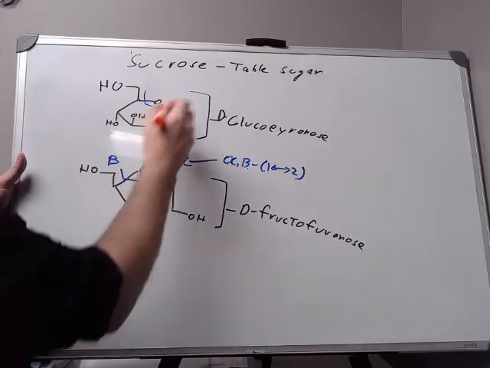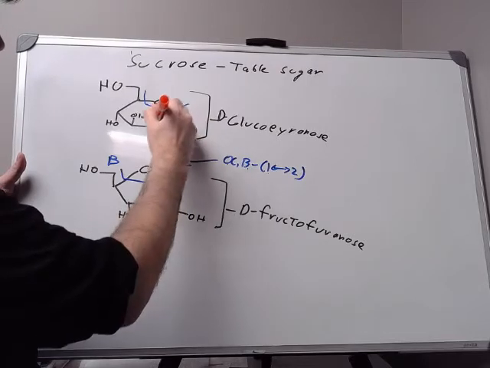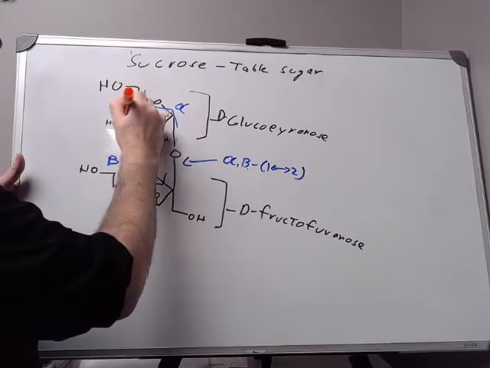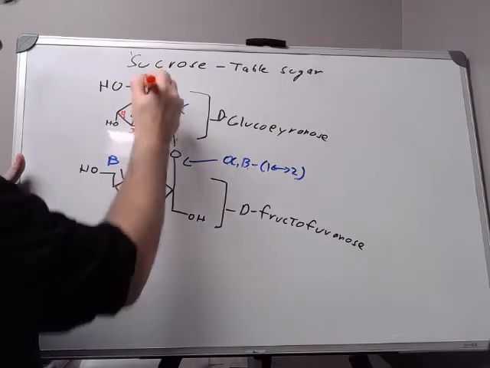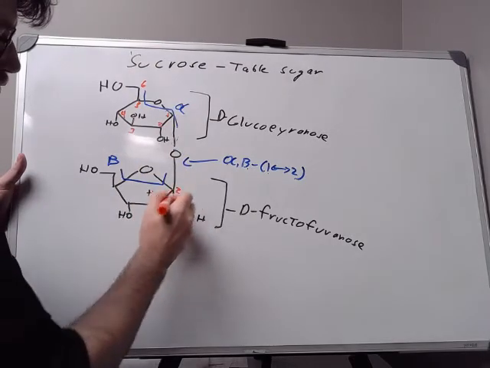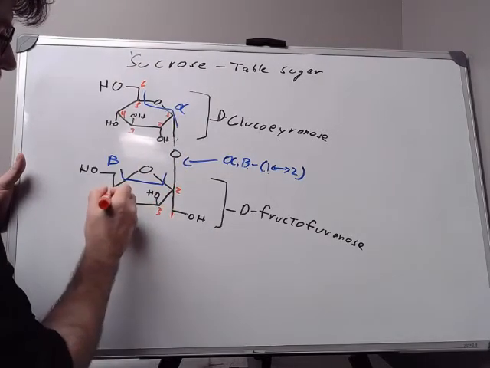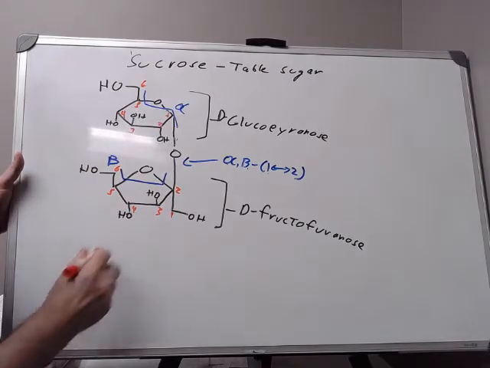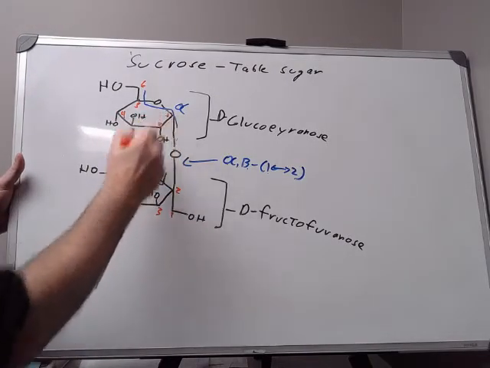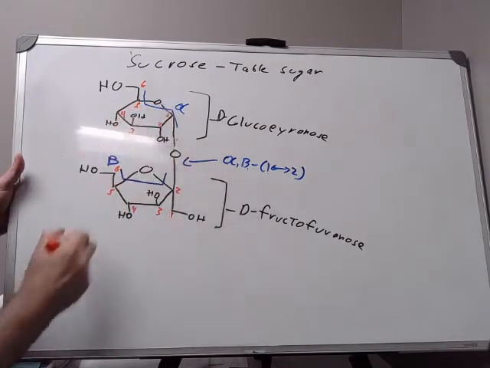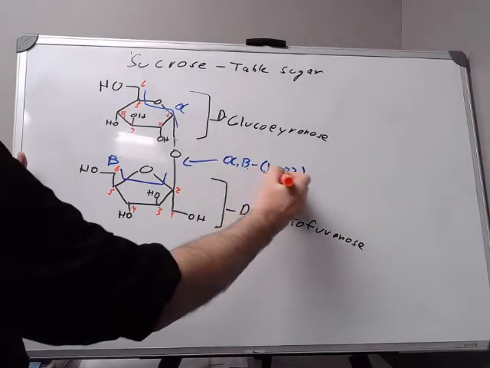And so if we number our carbons, it's 1, 2, 3, 4, 5, 6, and then 1, 2, 3, 4, 5, 6. And so we're joining carbon 2 of the fructose, carbon 1 of the glucose, hence the 1,2.